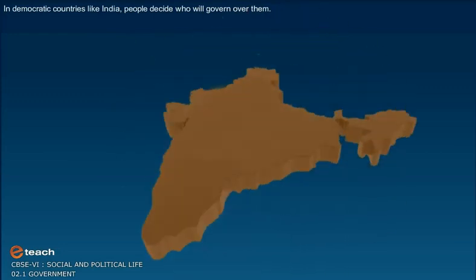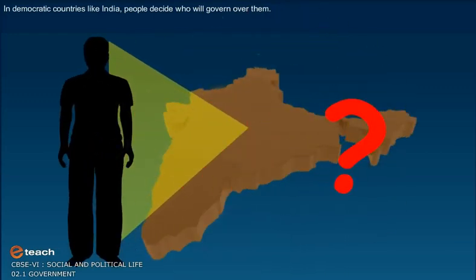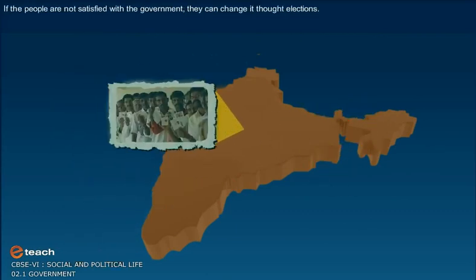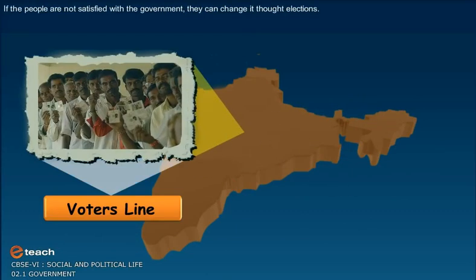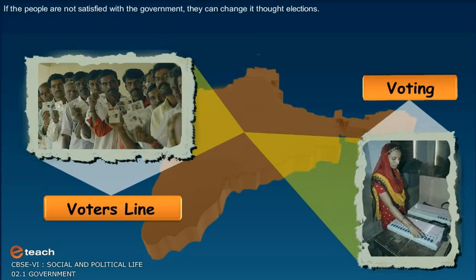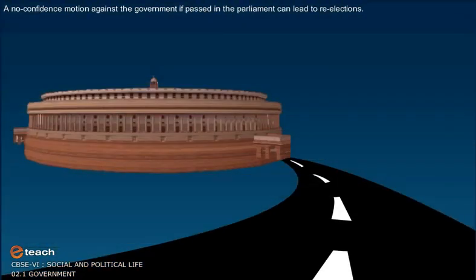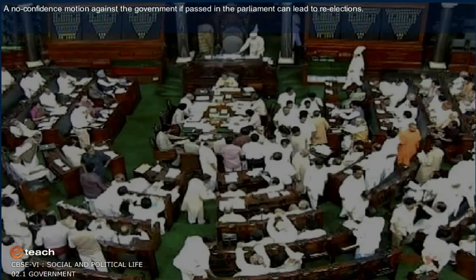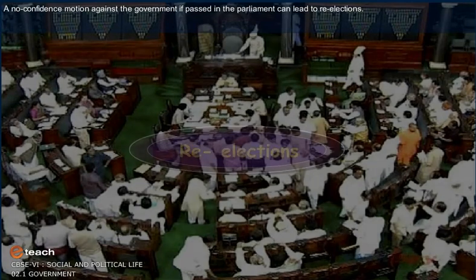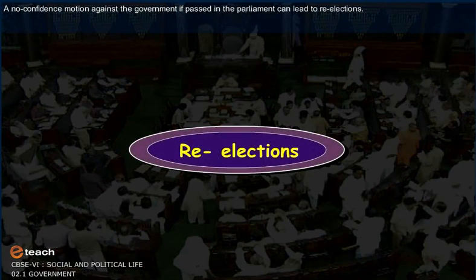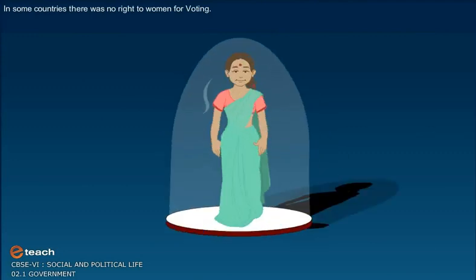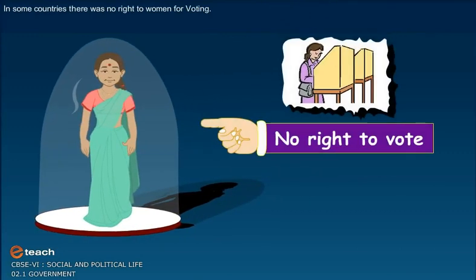In democratic countries like India, people decide who will govern over them. If the people are not satisfied with the government, they can change it through elections. A no-confidence motion against the government, if passed in the parliament, can change it. In some countries, there was no right for women to vote.